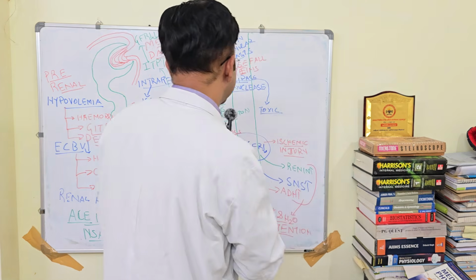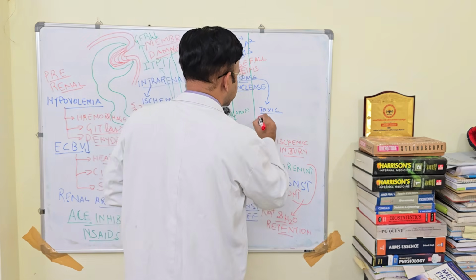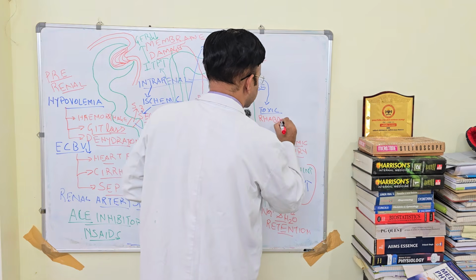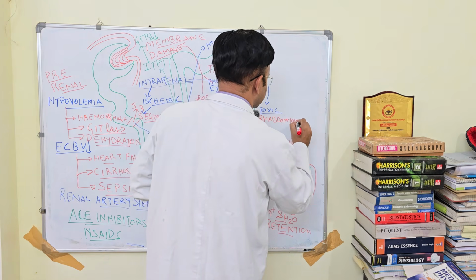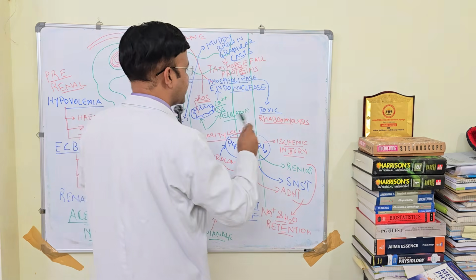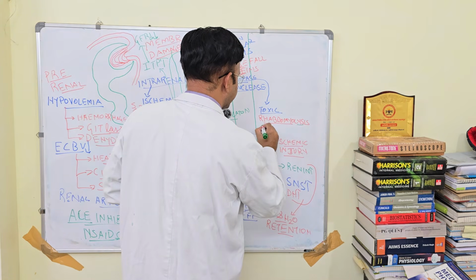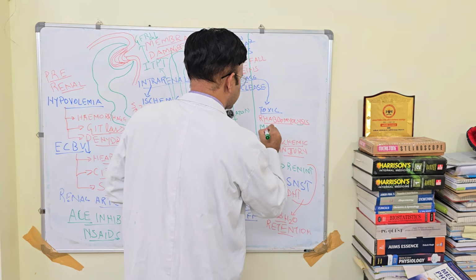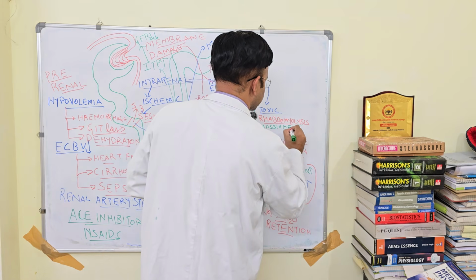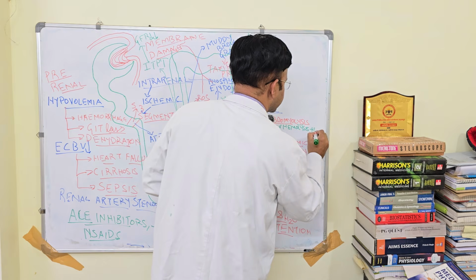So in toxic, we have rhabdomyolysis, and apart from that, massive hemolysis. Hemoglobin itself is toxic for your kidneys.